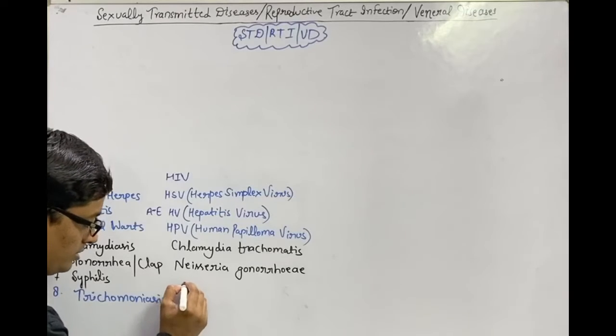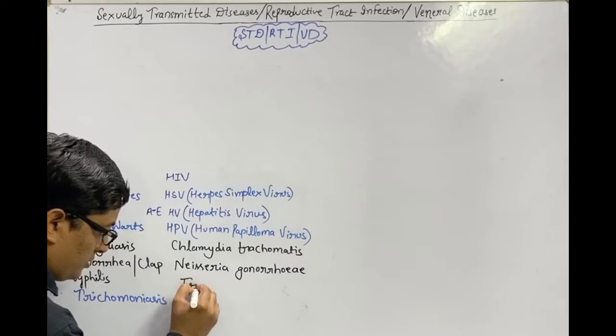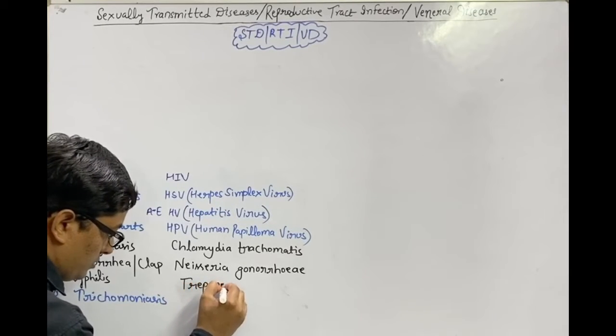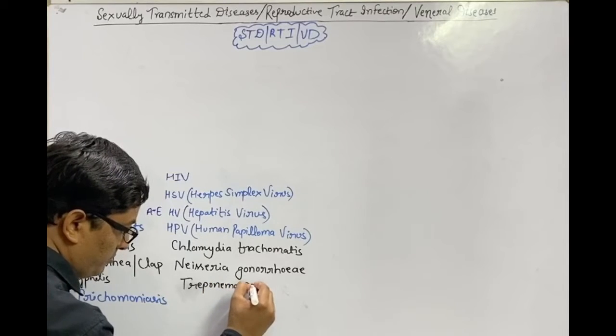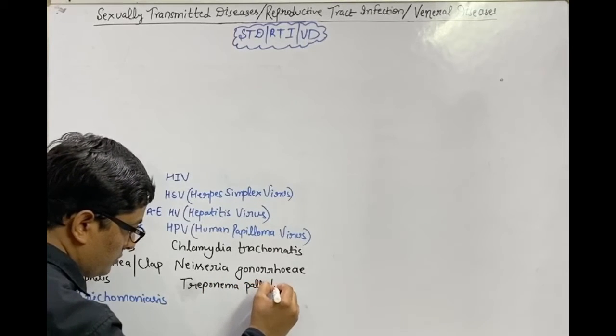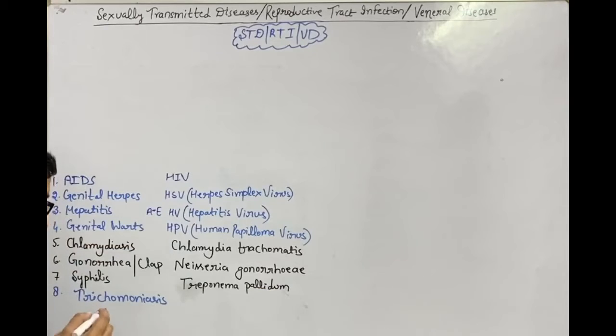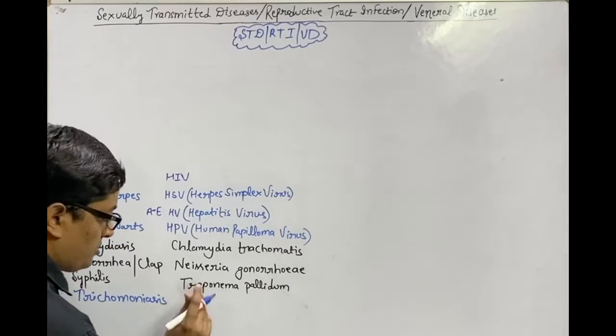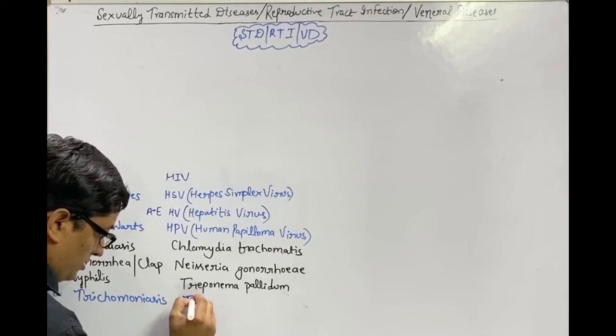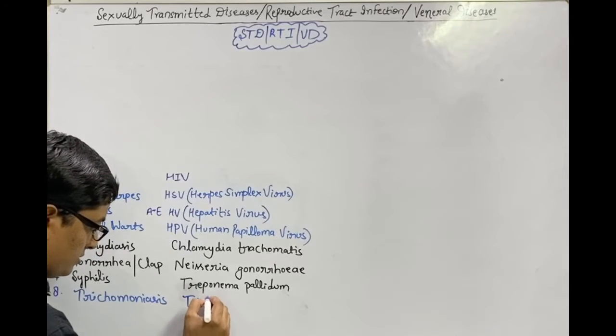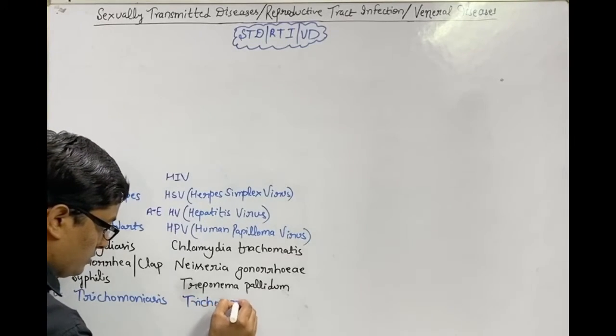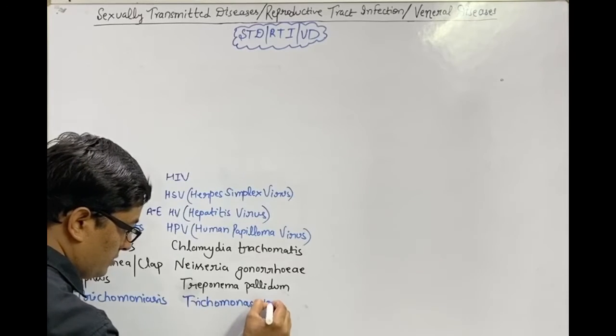Syphilis is caused by Treponema pallidum. And trichomoniasis is a protozoan disease caused by Trichomonas vaginalis.